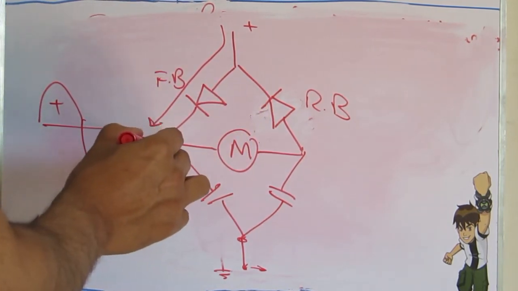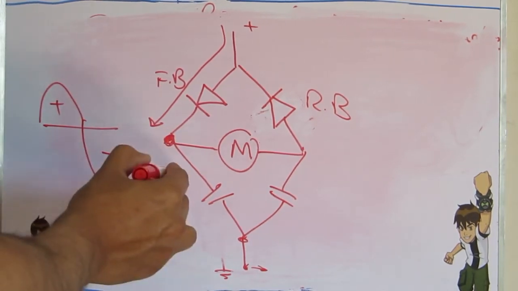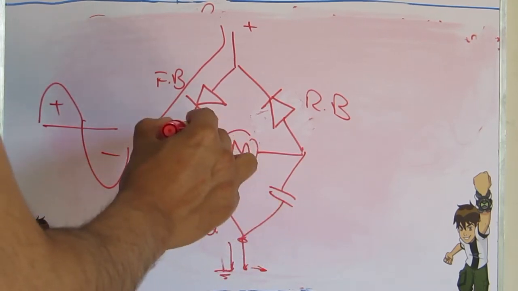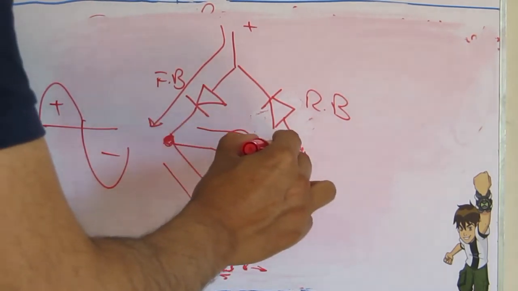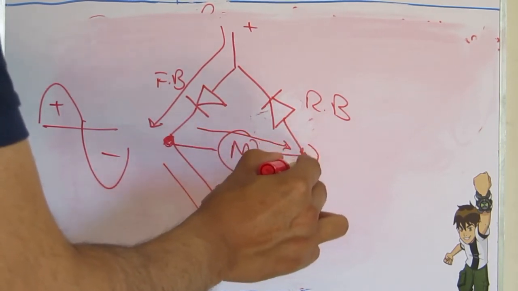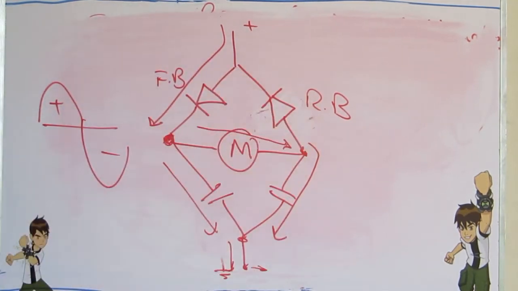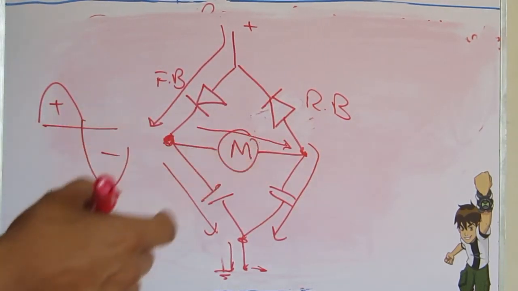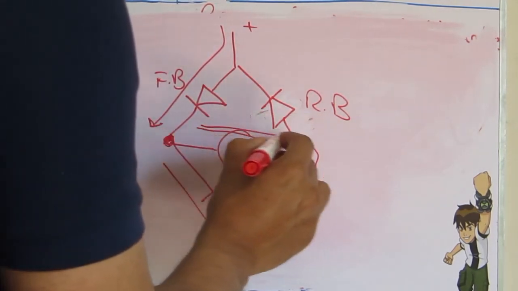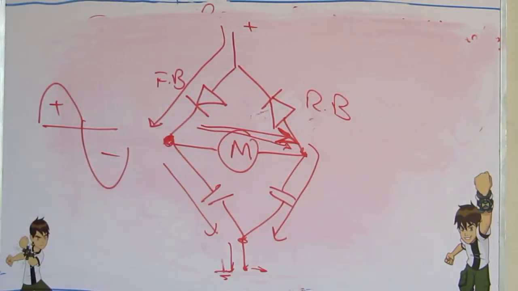And now from here it will have two options to go. One would be through this capacitor and down here, and the other path will go through this galvanometer, and from here downward, because this diode is off. So part of the current will flow through the galvanometer in this direction. Now remember this direction, in which the current is flowing.